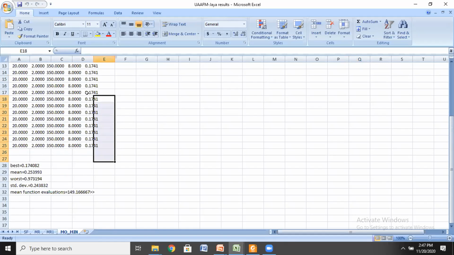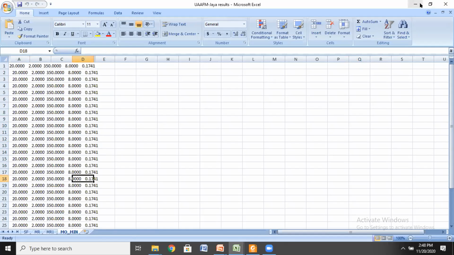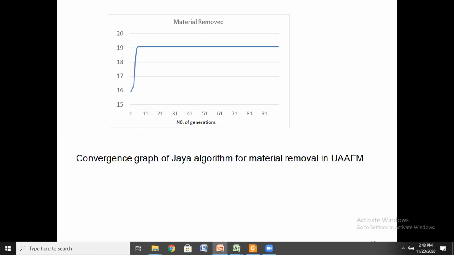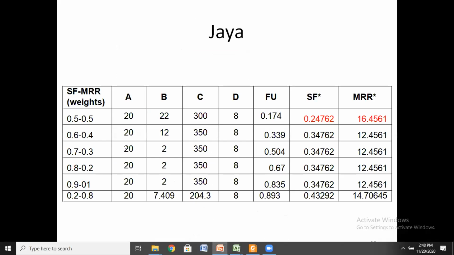Say here this f of x is optimum, and for this particular 20 kilowatts, 2 extrusion frequency, 350 mesh size, and 8 processing time. Like that you can run the code and get the best solution and worst solution, and you can improve your worst solution, and finally you can find the best among the worst, and you can keep continuing. And also we tried by varying the weights.